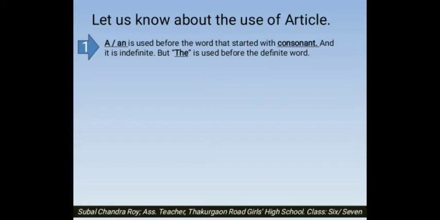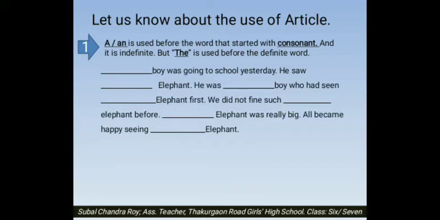Number one, a or an is used before the word that starts with a consonant, and they are indefinite articles, but the is used before the definite word. So let's fill the gaps with a, an, or the.